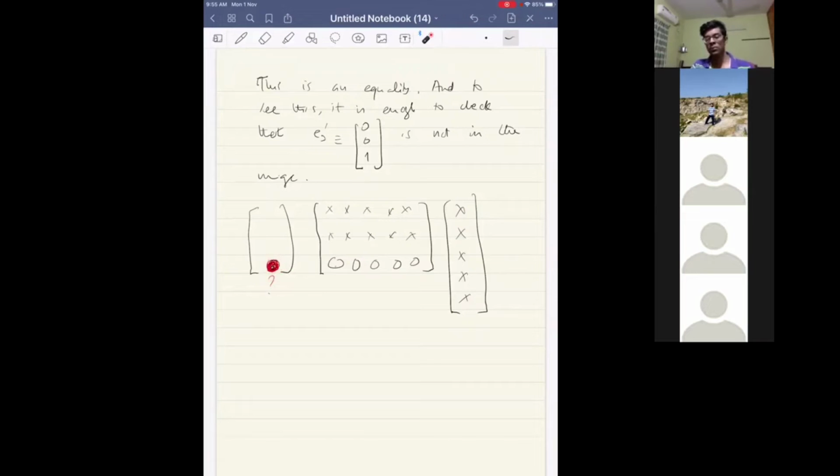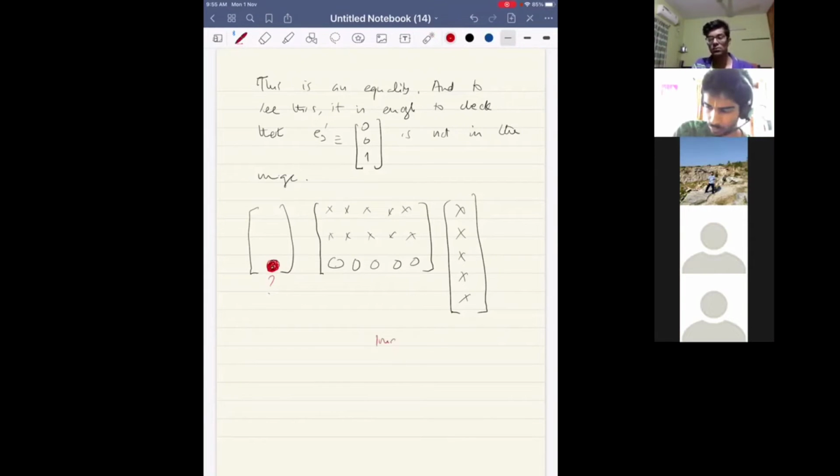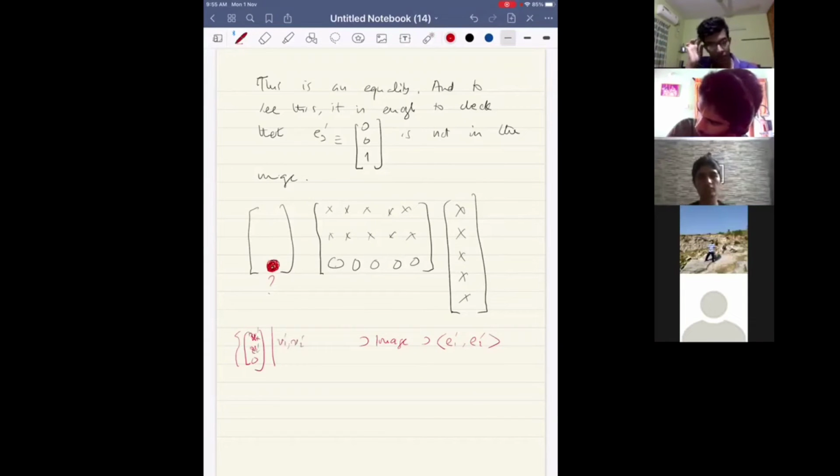So in other words, quite independently of all the previous discussion, we can check that the image contains E1 prime, E2 prime, and is contained in the set of vectors V1 prime, V2 prime, 0 in R. Do you get what I mean?